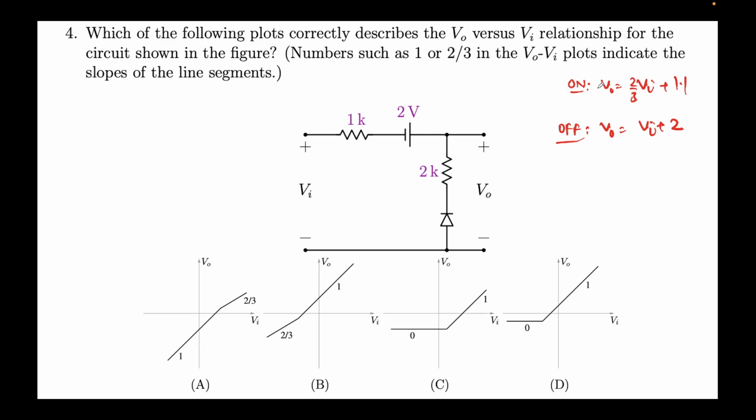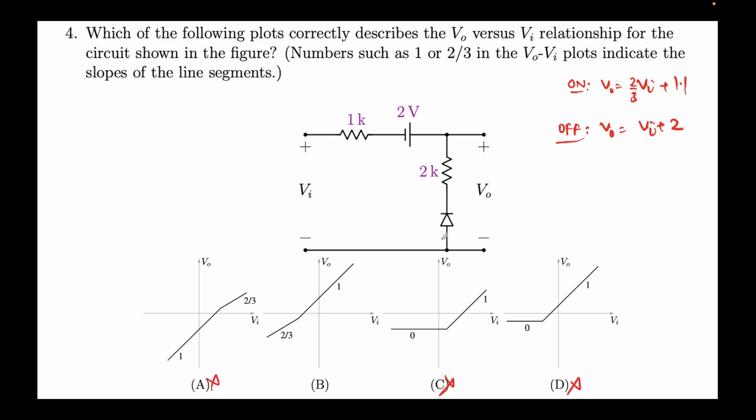This means this should be the equation between V naught and Vi, and we should have a slope of 2 by 3. For large negative values we should have a slope of 2 by 3, which is only in one option. So options A, C and D all get eliminated.